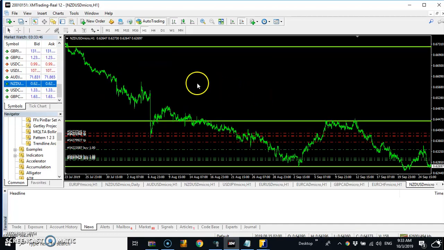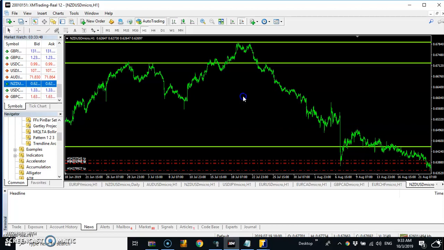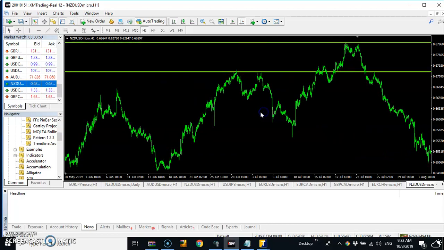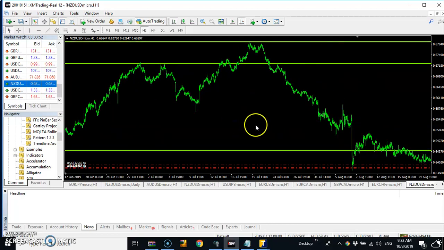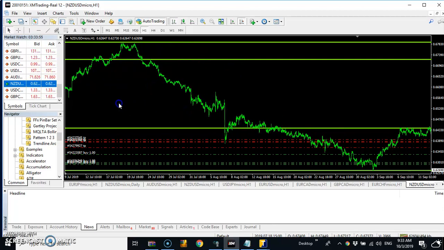But if you want to do this in a very simple way that any trader can do, even a beginner, you look at the trend, where it is going currently, then you put a trend line like this on it.